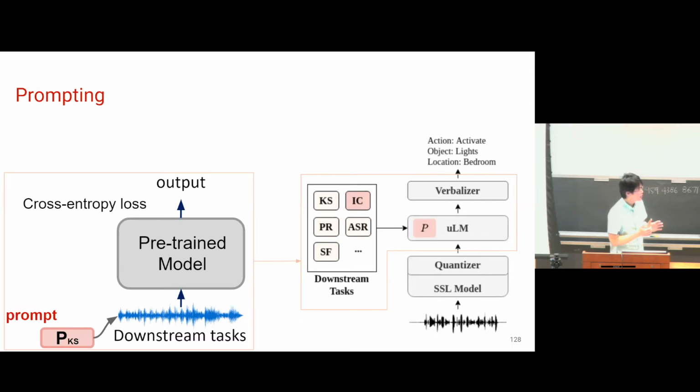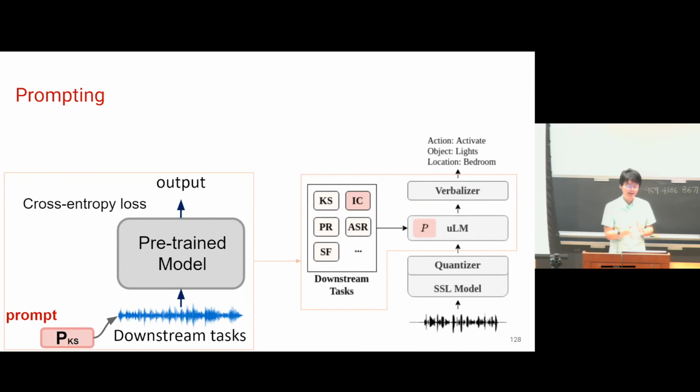Like here, we show intent classification, where you generate the action, the object, and the location. You might wonder what a unit language model is. The short answer is that it's also a type of self-supervised learning model.